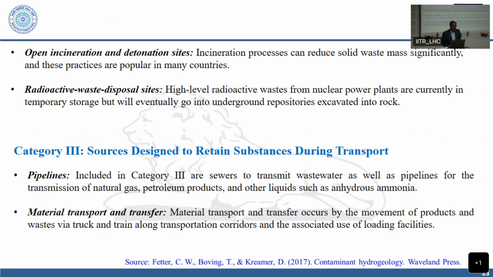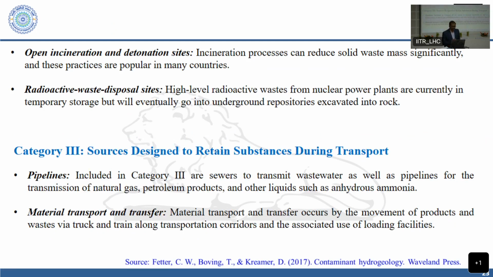Open incineration, detonation sites: the incineration process can reduce solid waste mass significantly, and these practices are popular in many countries. Radioactive waste disposal sites: high level radioactive waste from nuclear power plants is currently in temporary storage, but will eventually go into an underground repository excavated into rock here.